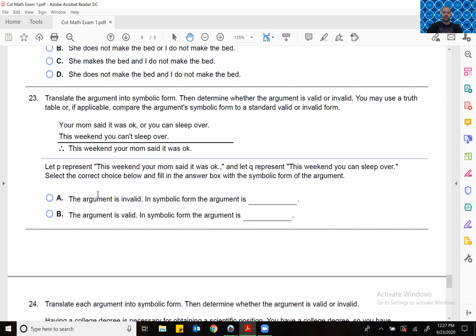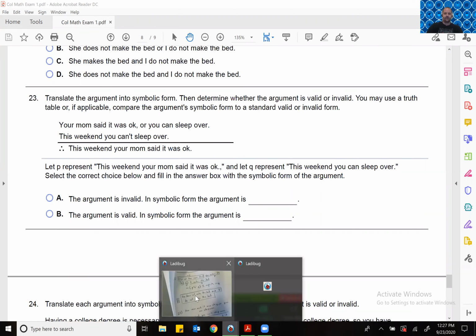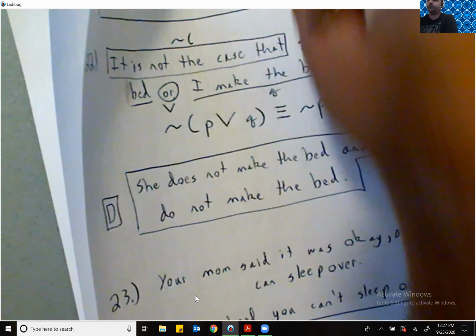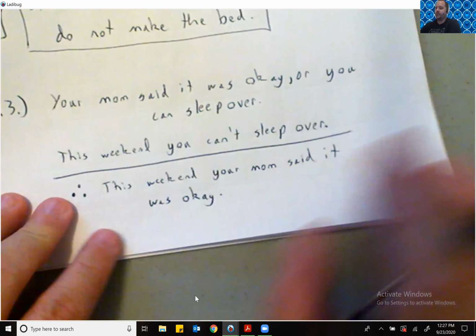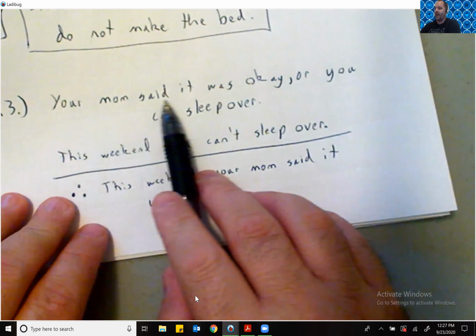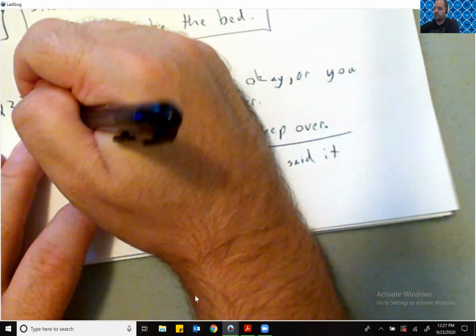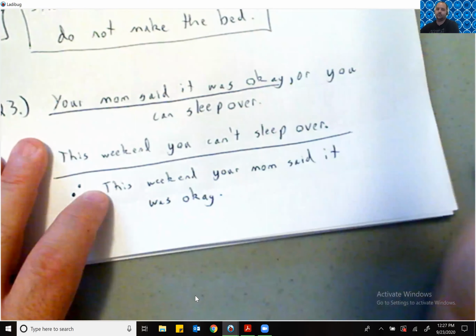All right, so the first thing, right down below, if you read, it says P represents this weekend your mom says okay. Q represents you can sleep over. So let's turn this into symbols because we need those symbols. It's going to help us out. So it said, your mom said it was okay. What is that?